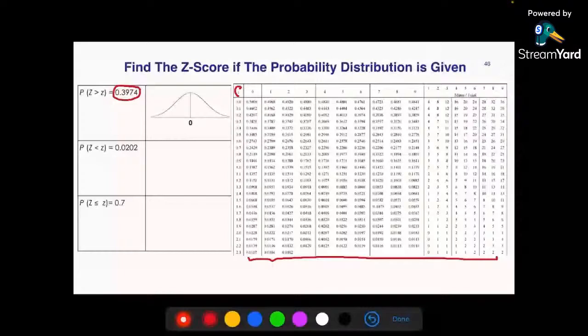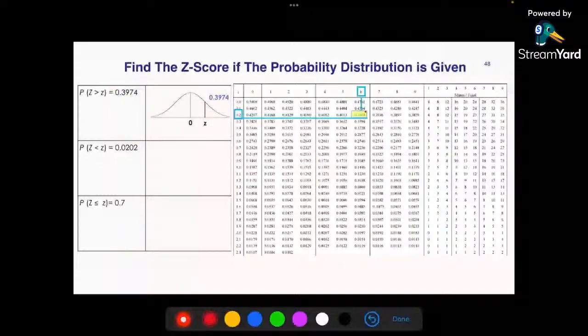Okay. So kita cari, first of all kita cari nilai 0.3974 dalam ni. So kita nampak kan ada kan dekat mana? Z-score kat situ greater than. So you can see here, this is 0.3974. Nilai dia. So we want the Z-score.